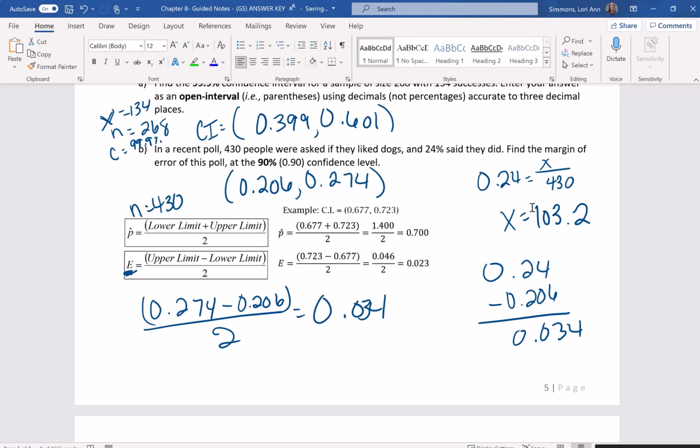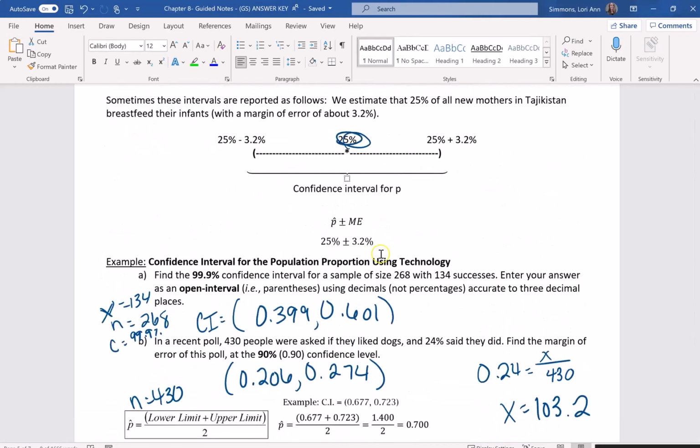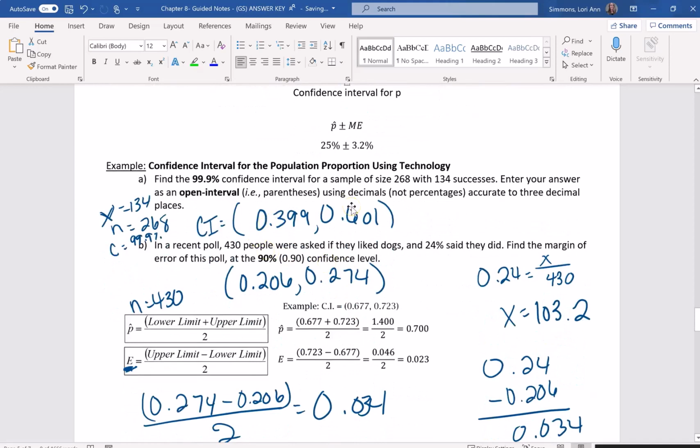This margin of error is very similar to what we did in 8.1, but now we have proper notation for it. And this is p hat. P hat is right in the middle of your data. So to get that, you just add the lower and upper together, divide by 2 to get p hat.